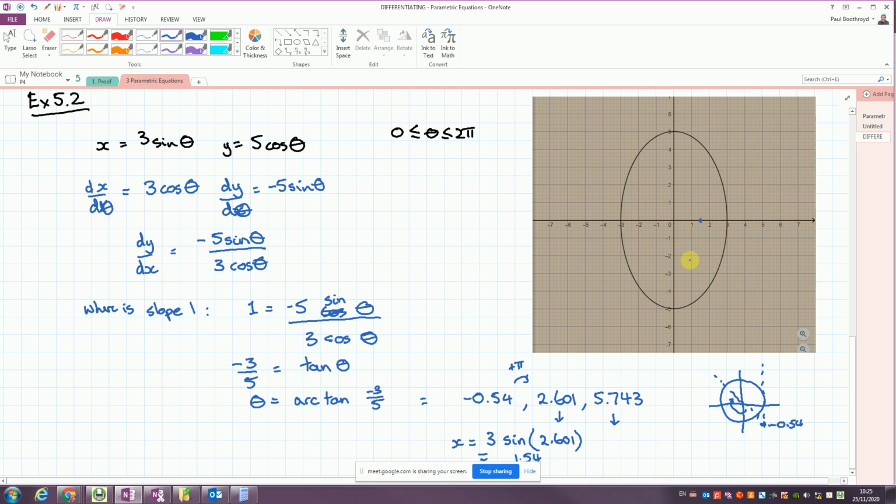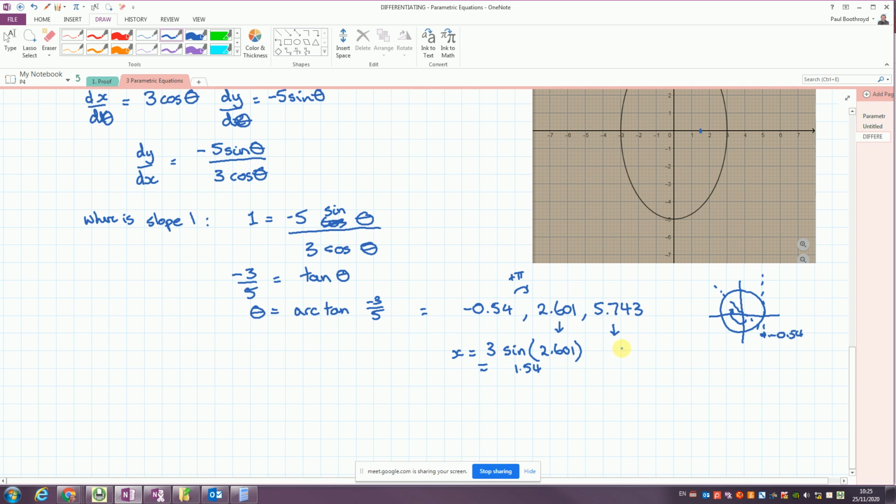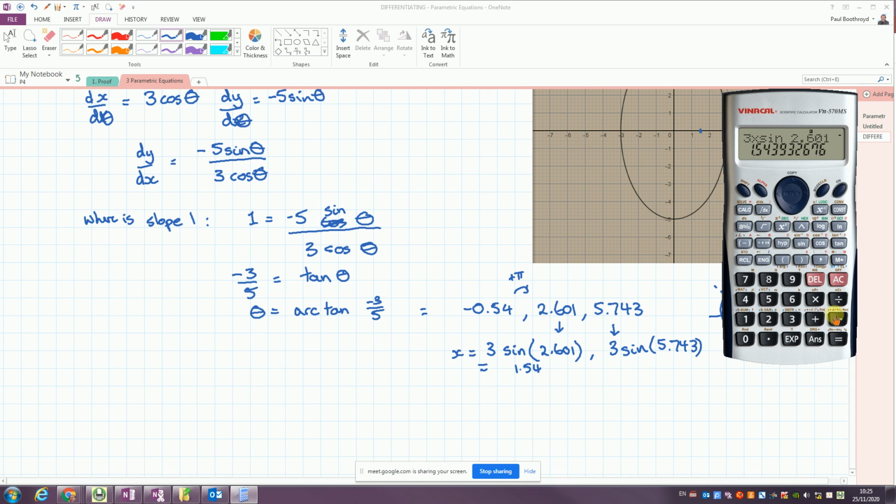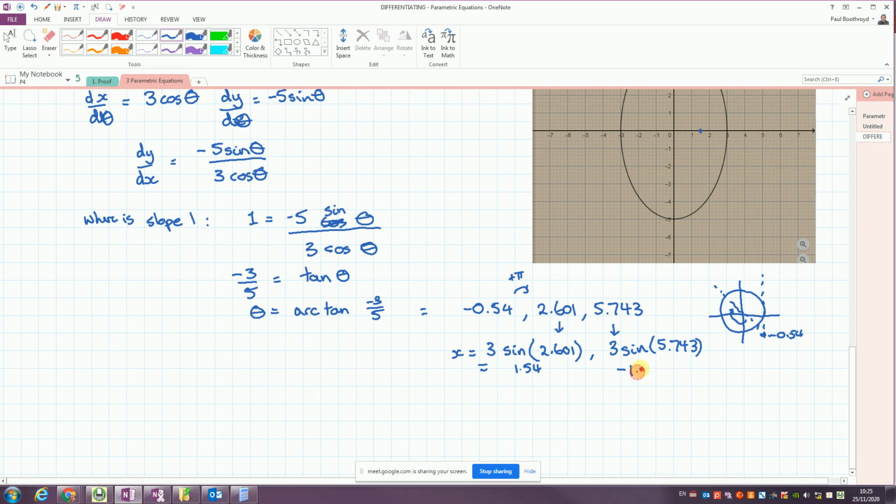We've got a 1.5 value. And if we try the second one, 3 times sine 5.743, hopefully that should be a negative value of the same amount. Yep, minus 1.54.